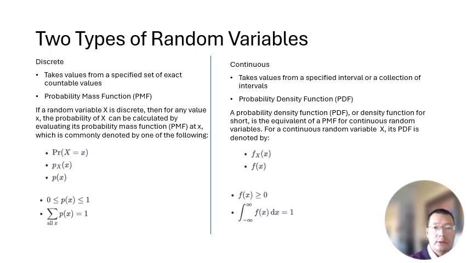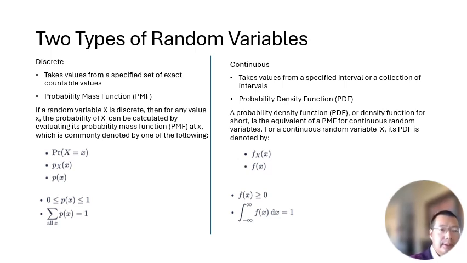For continuous, it takes values from a specific interval or collection of intervals, so it's not countable. There are an unlimited number of values there. Correspondingly, there are two different ways to find the probability of these values. For discrete, we use the probability mass function, PMF, while for continuous variables, we have to use the probability density function.